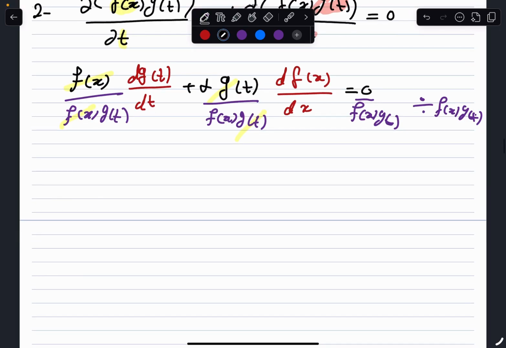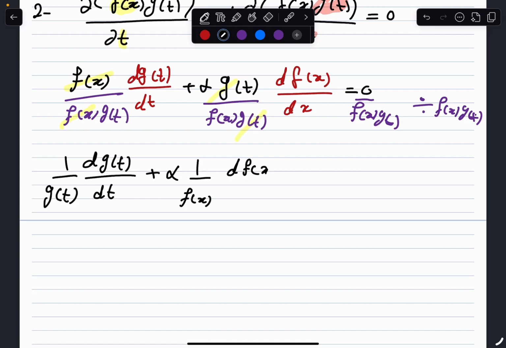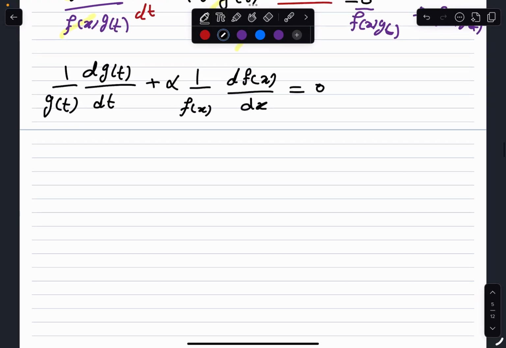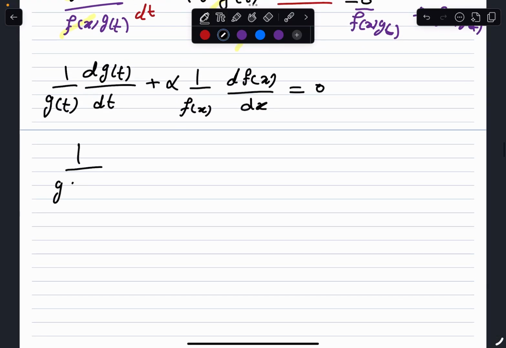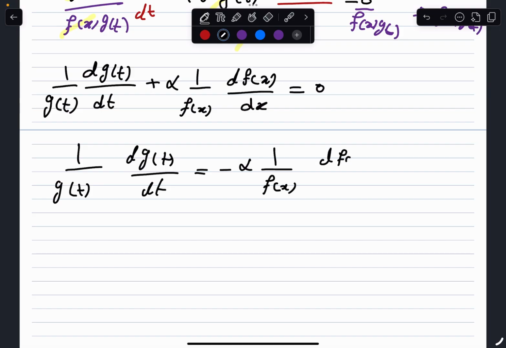So I will have dg of t over dt over g of t, plus alpha times 1 over f of x and the derivative of f of x with respect to x, equal to 0. Now we can just take the f of x term to the other side, equals minus alpha times 1 over f of x df of x.